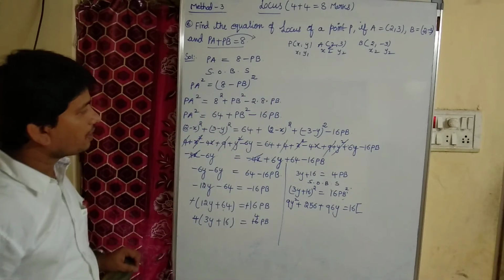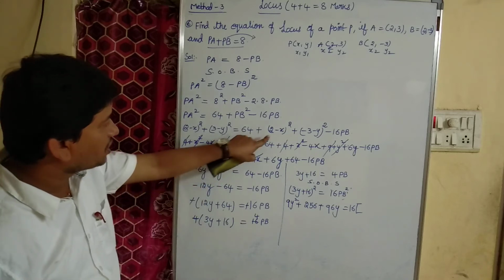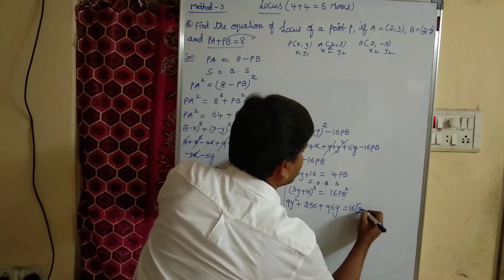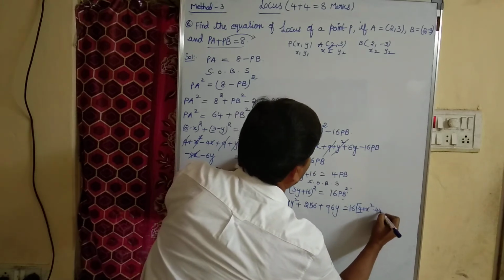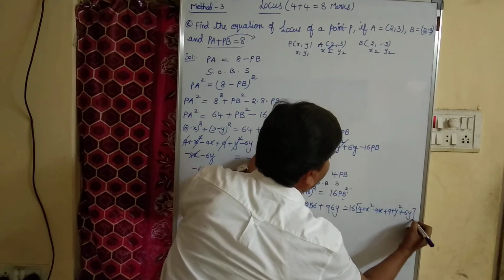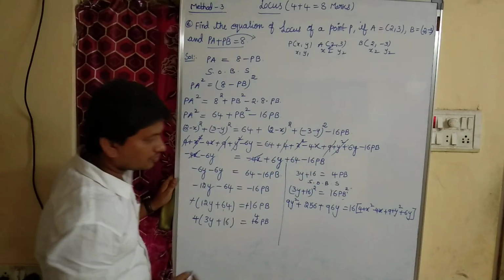As already we did, what is the PB square value? This is our PB square value, that is 4 plus x square minus 4x, 9 plus y square plus 6y. This is our PB square value.